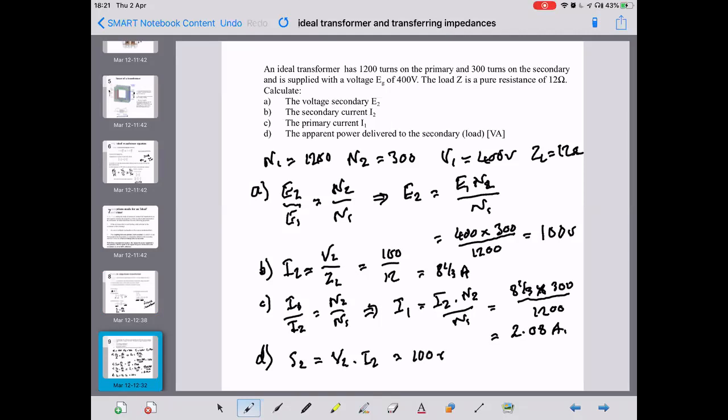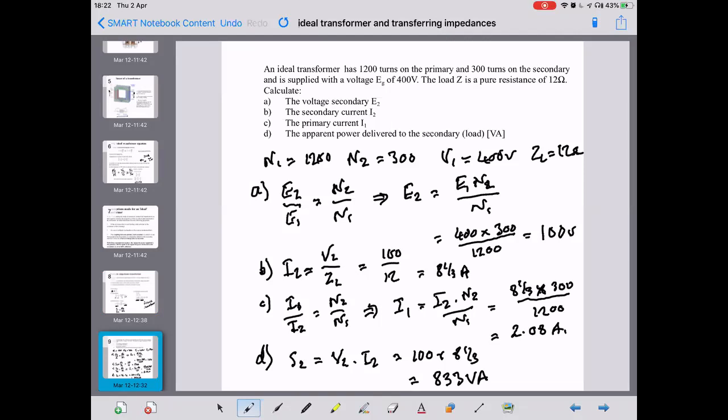Times 8 1/3. 833 VA. Everybody okay with that? Fairly simple.